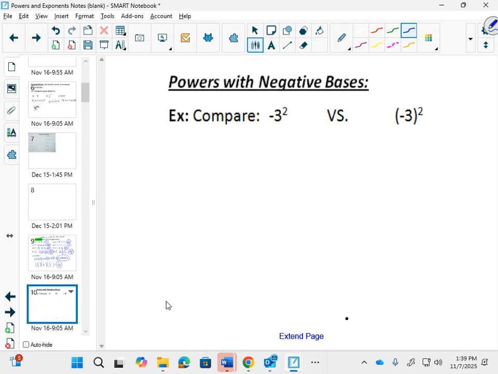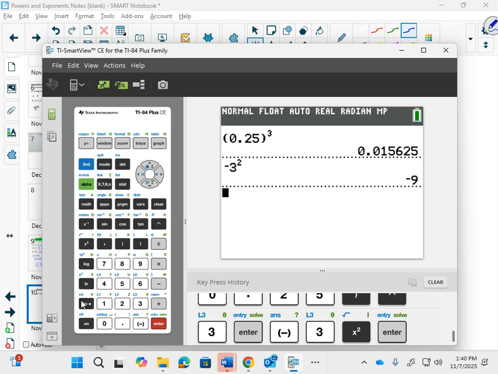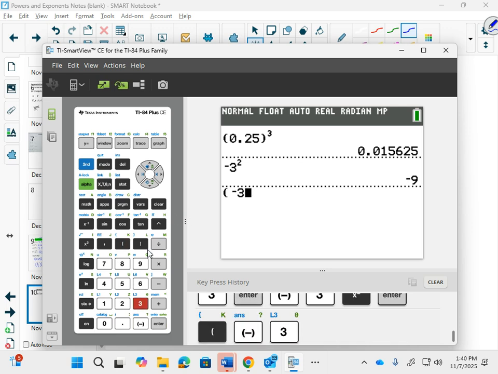Okay, so this one on our calculator says negative 9. What do you think the other one's going to equal? Guess what, Abel? You get to pick the next volunteer. I'm going to put negative 3 in brackets this time, and then square. Who are you going to pick?